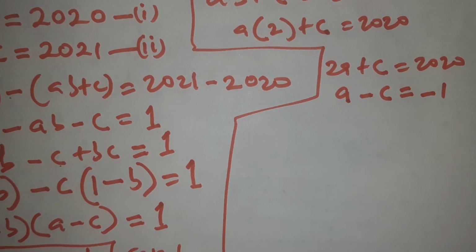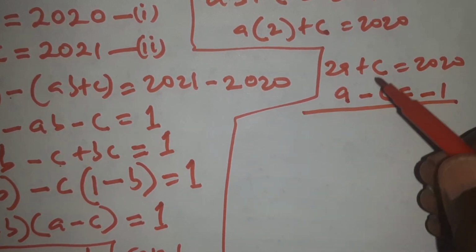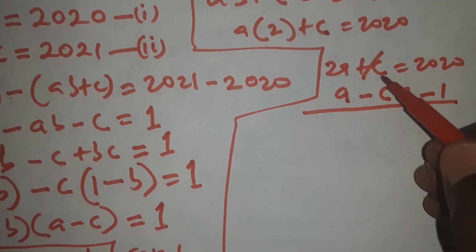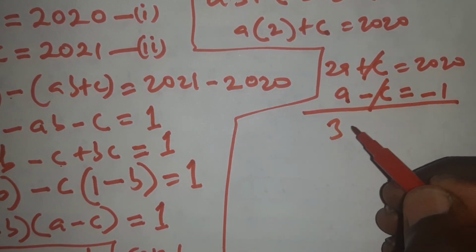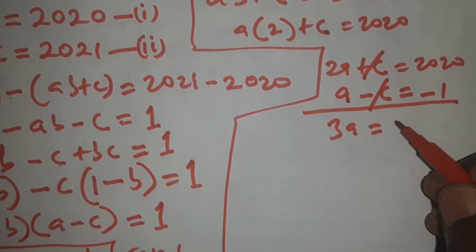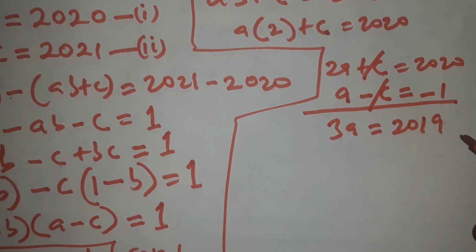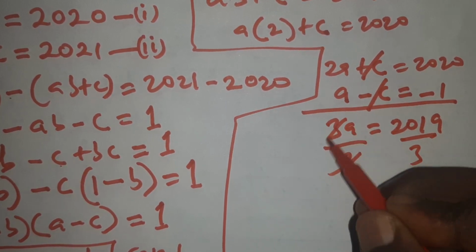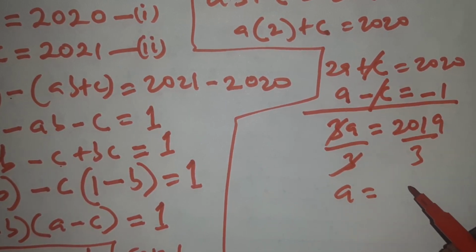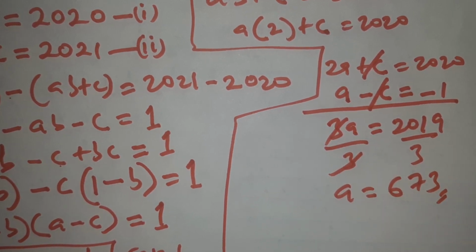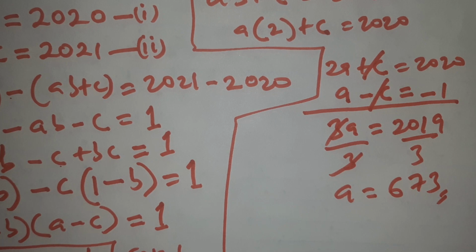If you look very closely, I can use the elimination method, because if I add the two equations, I will eliminate C. Adding, this plus this cancels out, and this plus this gives me 3A equals 2020 plus minus 1, which gives me 2019. Dividing both sides by 3, you get A as 673.